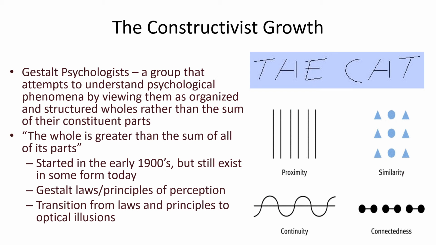This is also true for a lot of other visual, perceptual, and all other types of sensation and perception experiences that we have. And to understand the constructivist contributions that our mind is making to all the different perceptual experiences we have, numerous psychologists went off and started to try to find rules that all of us seem to be using, like we talked about before with the color constancy approach.